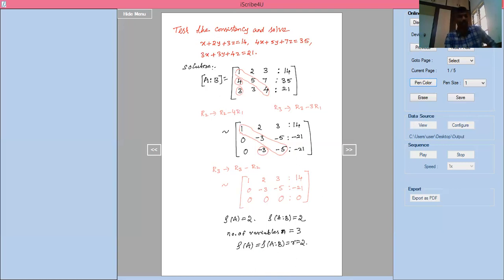R equal to 2. But here n is not equal to R. N is not equal to R means number of variables is not equal to the rank of the matrix. But rank of A and rank of [A|B] are the same, so it is consistent. But in consistent, what type of solution exists? We have to find that. The given next step I am going to do.